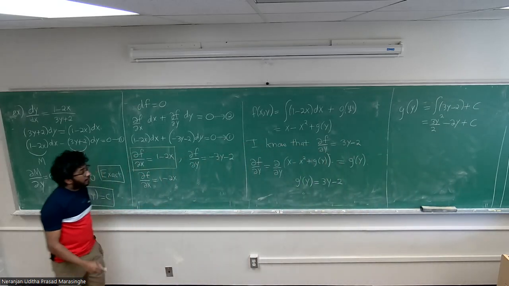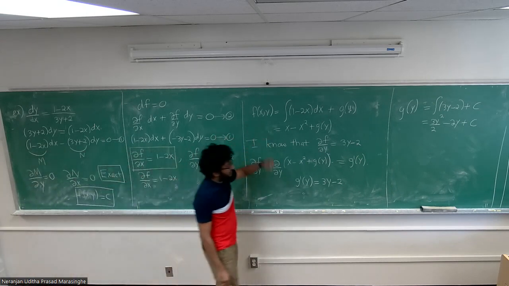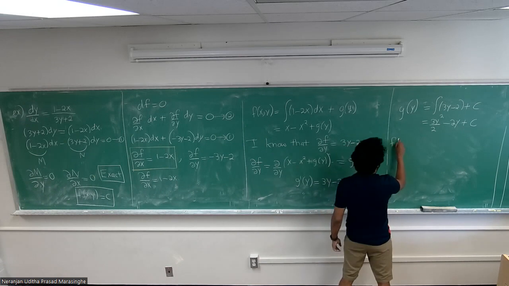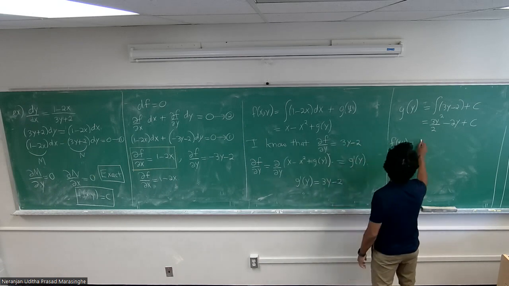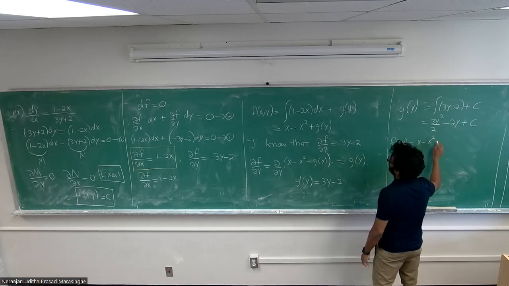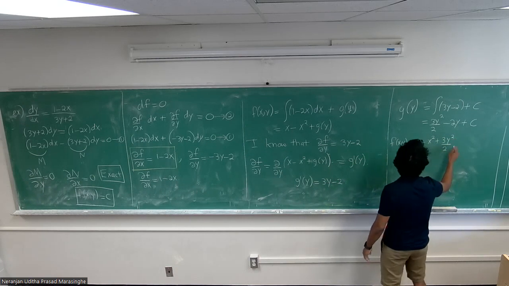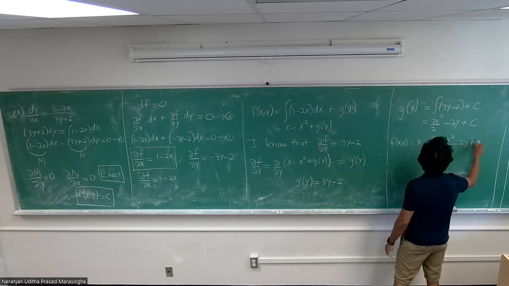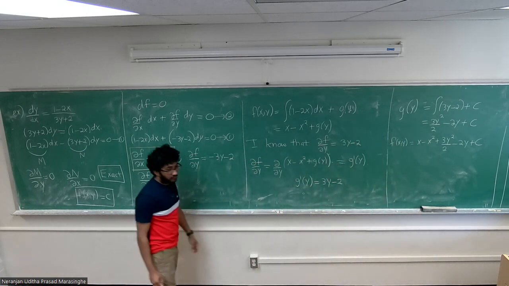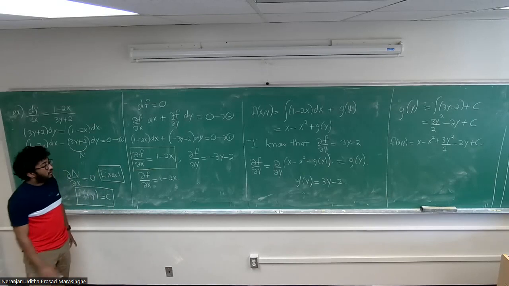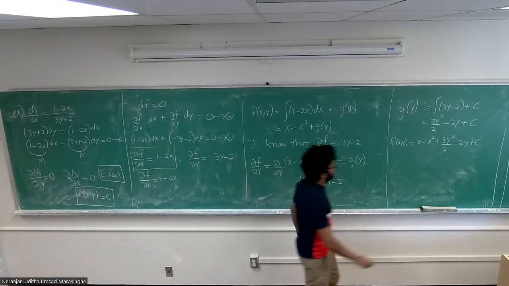Now I found g(y), so I can write f(x,y). f(x,y) is going to be equal to x minus x square plus 3y square divided by 2 minus 2y. But f is a constant, right? So instead of c, I would do c1.